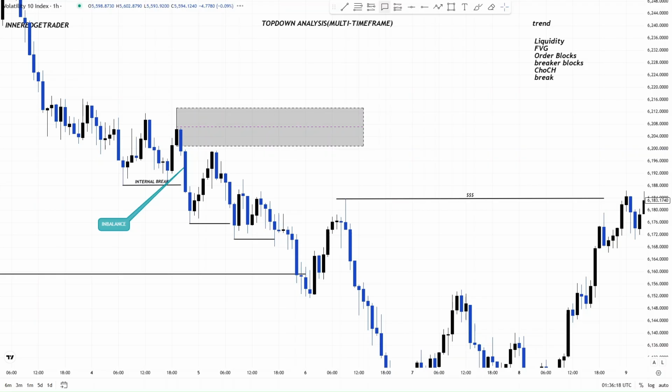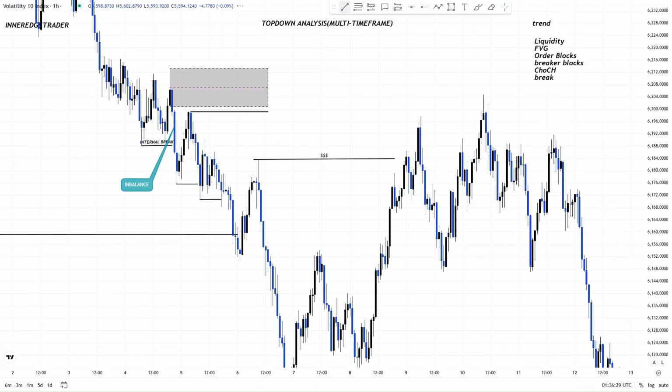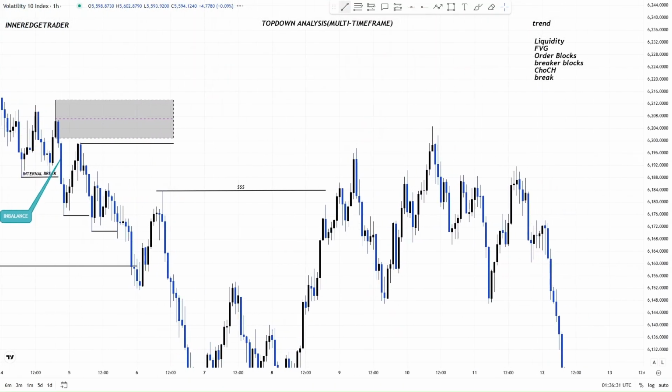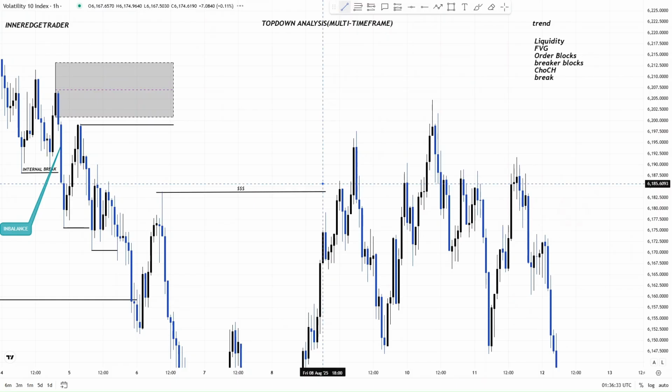So this imbalance gives you confirmation that the retest was just an inducement and it is going to be broken down, which price eventually did, as you can see here.